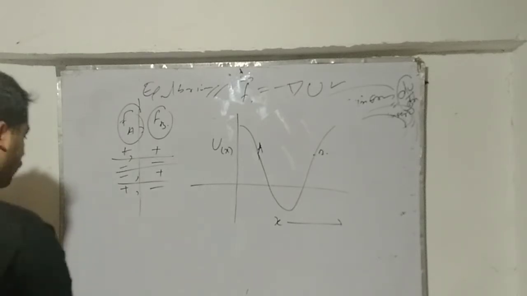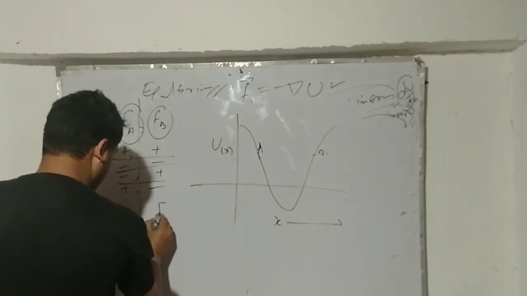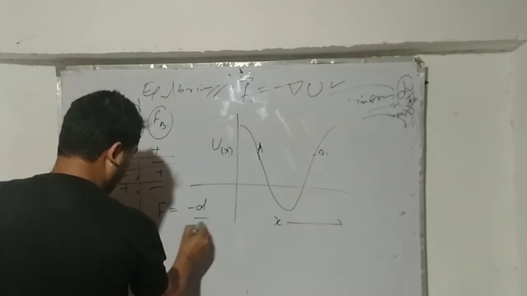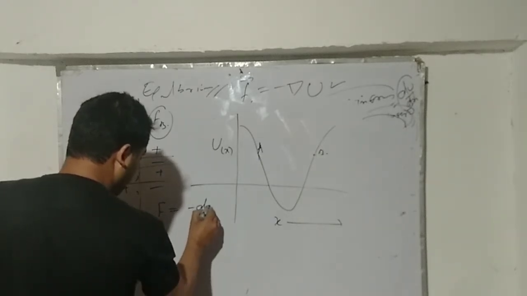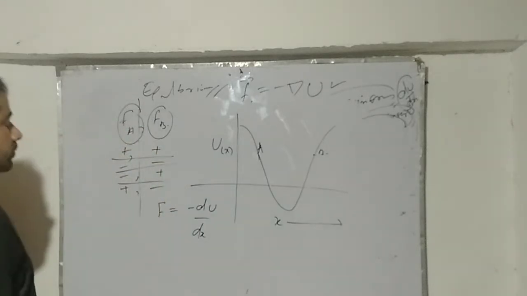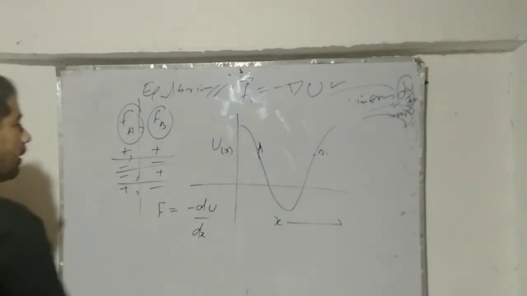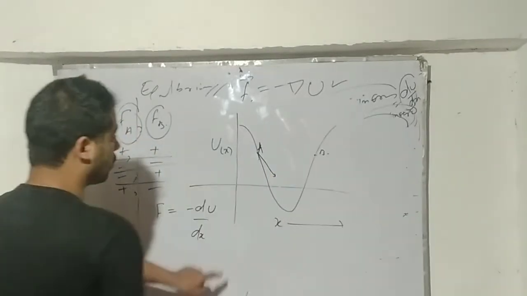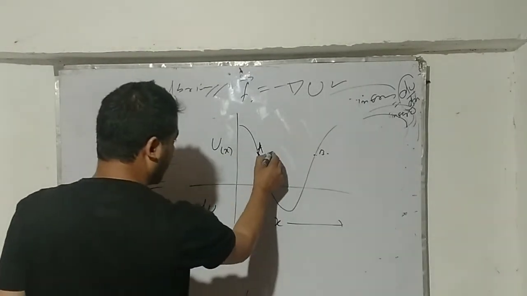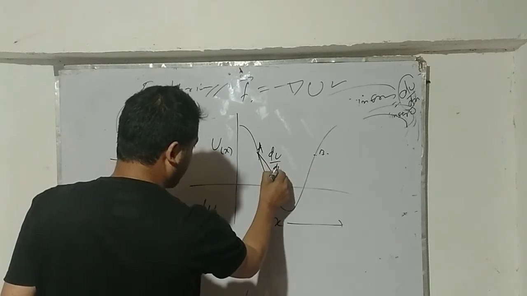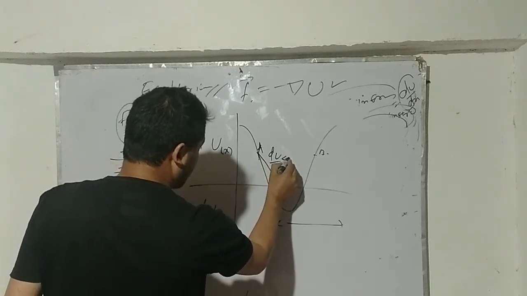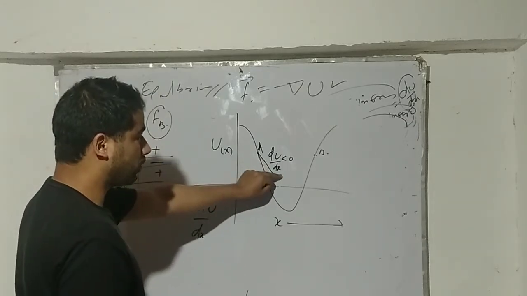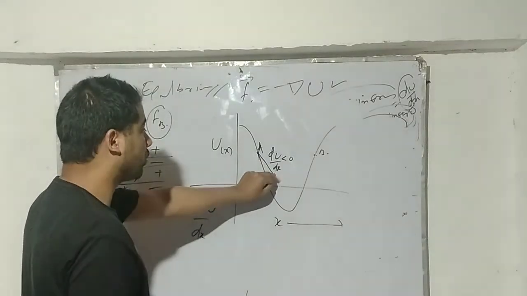To know the force, first of all, I will look for the slope of the curve, okay? If I draw the tangent here, that will give me the slope. And the slope at point A is less than 0.